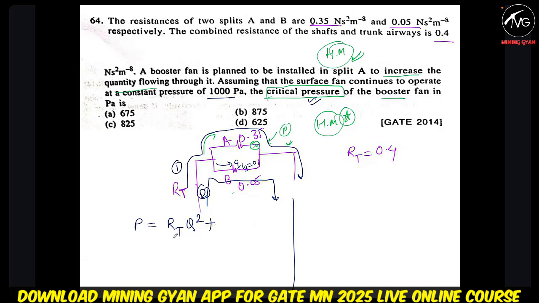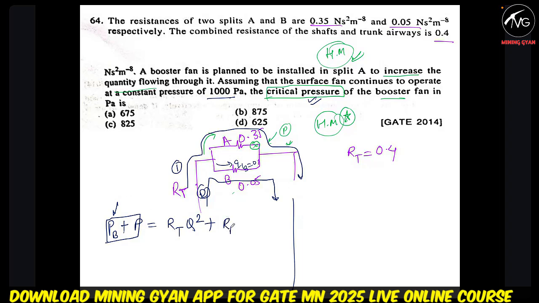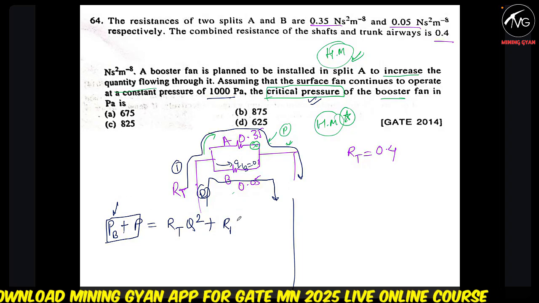For path 1, you have to consider the pressure of the booster fan. Yesterday I was confusing and I told you that you can solve, yes you can solve, but you have to consider the pressure of the booster fan. So RT Q square and R1 Q square.